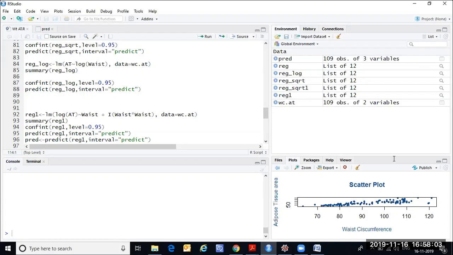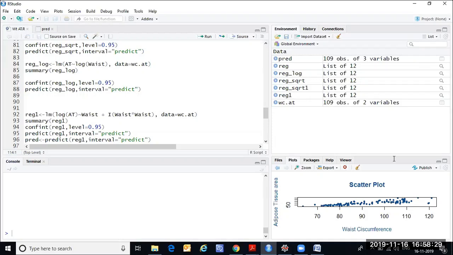That is where I asked you guys to spend some time reading about Box-Cox transformation and Yeo-Johnson transformation. What they help you with is finding what kind of transformation would be ideal for a variable under consideration, so that you can straight away start doing it.